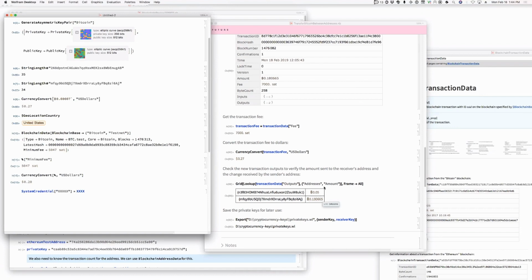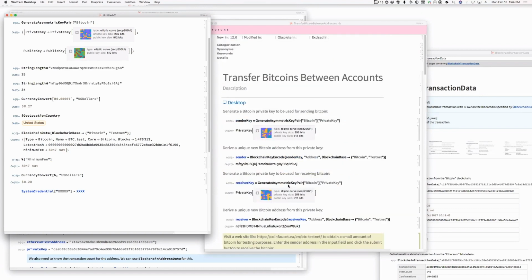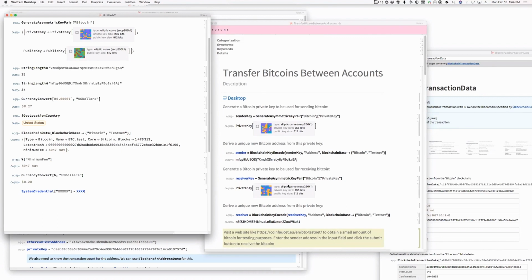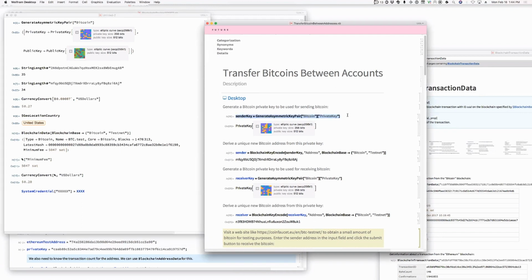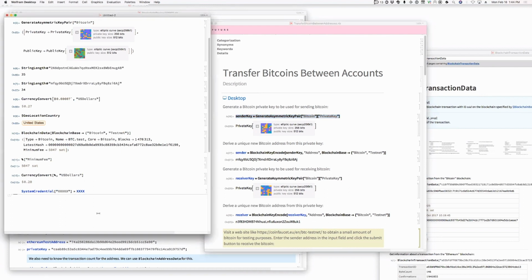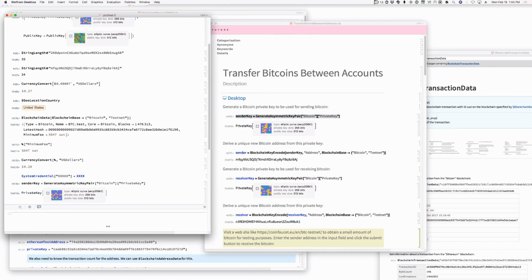Okay, so let me see if I understand. If I'm going to go to the local Bitcoin ATM, and I simply want to get paid, I want to convert my dollars to Bitcoin. All I have to do here, if I'm not mistaken, is let me see if I understand the flow. What I would do is I would take this, I would generate one of those, I would make sure I appropriately save that private key, right?